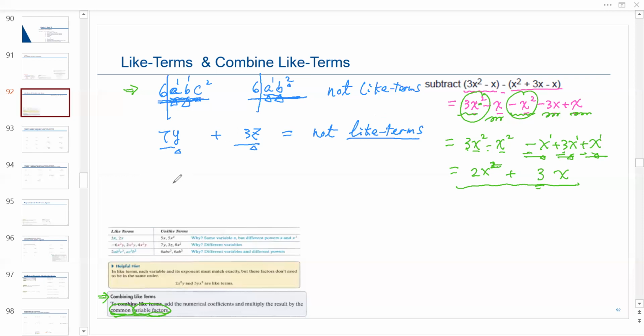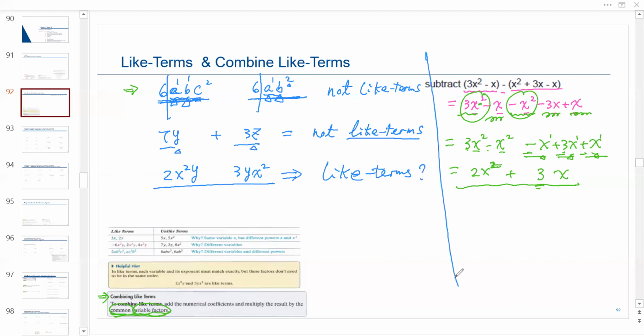All right. Let me ask another question. 2x squared y, 3yx squared. Are they like terms or not? Write your answers in the chat or on the white screen. Are they like terms or not? Can you guys write it in the chat?